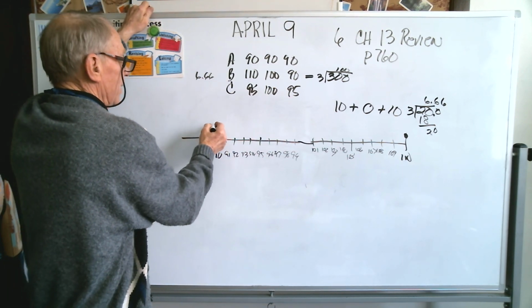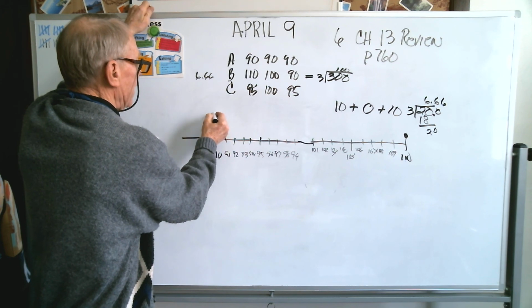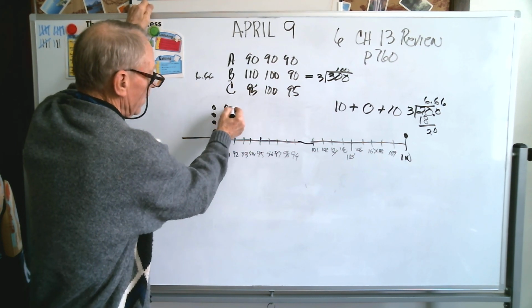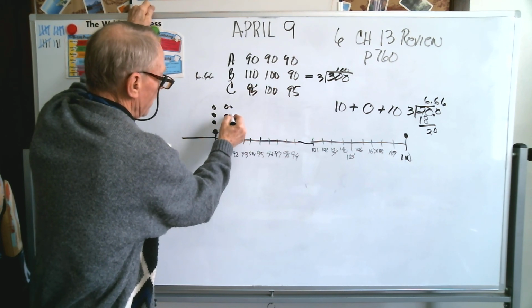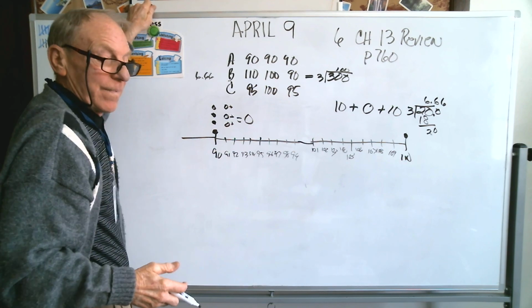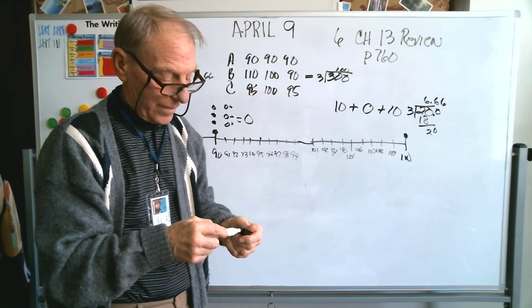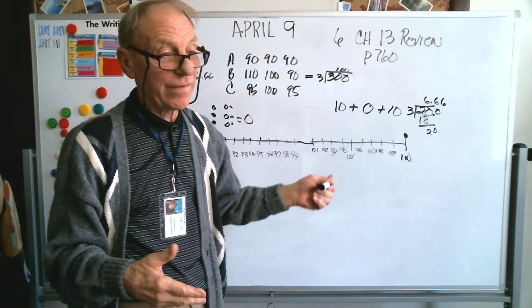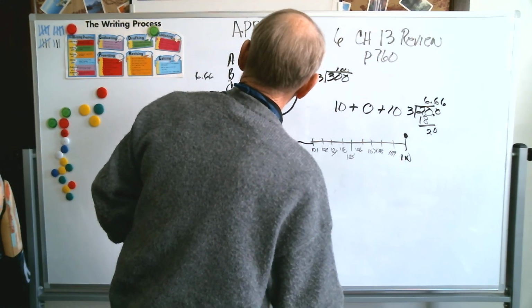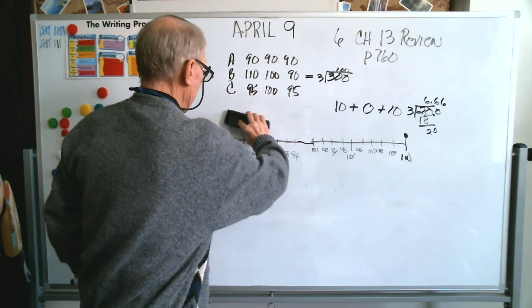And the 3 data points above that are all at 90, so that would be 0 plus 0 plus 0 equals 0. In other words, the point doesn't move left or right at all. It just stays right at 90, so it's 0. So we can determine that that is true.